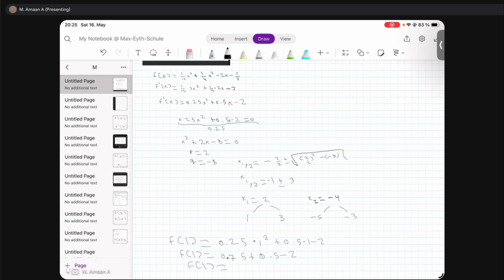Aman, check on the derivative. This is the derivative. Put the dash on the top of f.